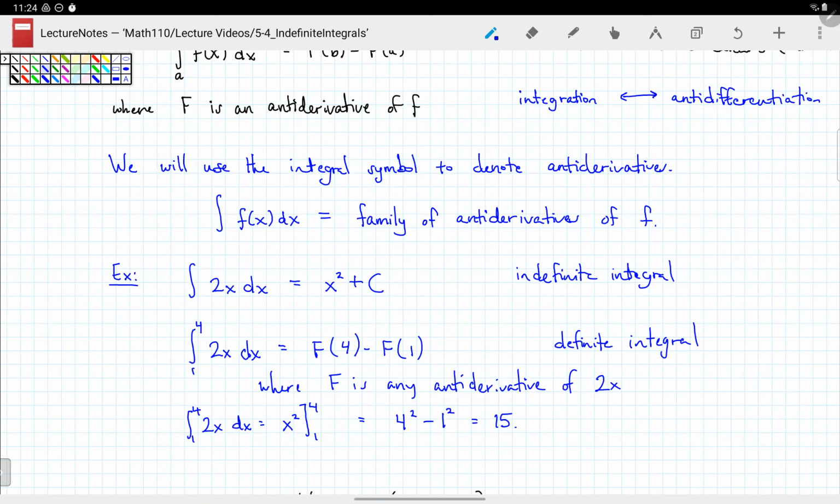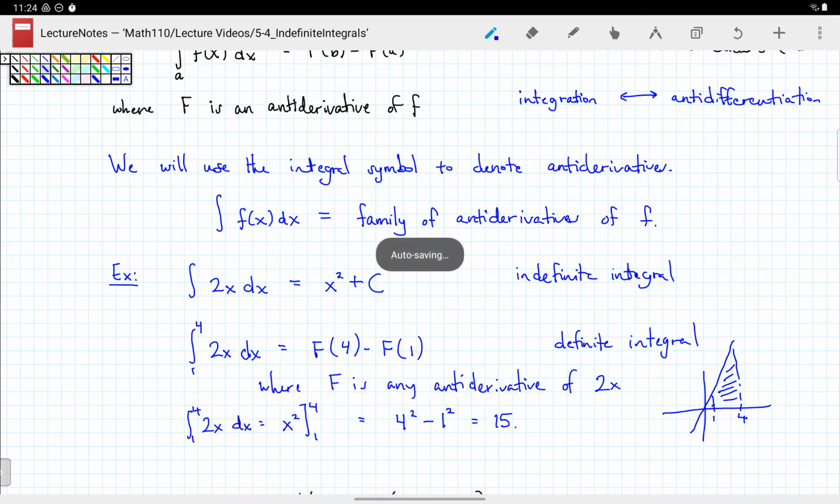Okay, and you can double check this with the geometry of the matter. y equals 2x looks like this. It's a line with slope 2. And if I look from x equals 1 to x equals 4, you're going to have a trapezoid, and you can double check that the area of that trapezoid is going to be 15.